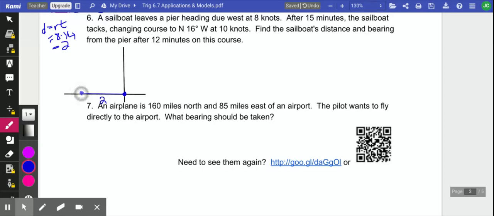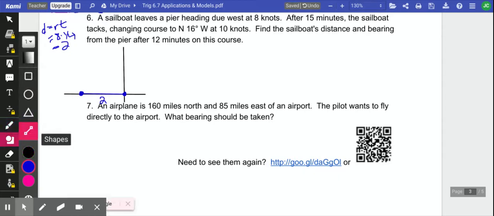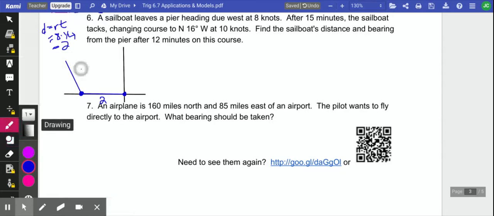Okay, once it hits that point, it's going to change course. And it's going to go from the north 16 degrees to the west. So just like that. Okay, and let me draw that in there. So from that north, that's where our 16-degree angle is.